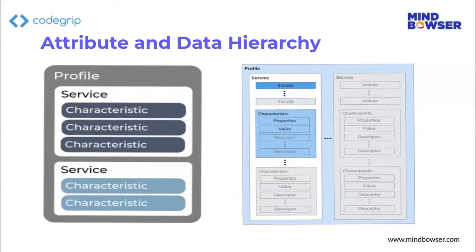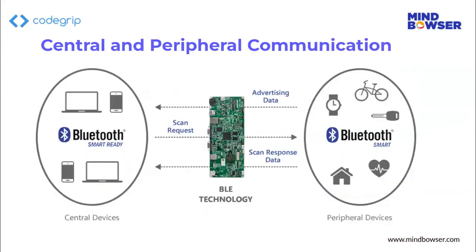And now I'm going to explain central and peripheral communication. This is the example of central devices, and this is the example of peripheral devices. Central devices, as I explained, are scanning when our Bluetooth or connection permission is available. They are continuously scanning for any advertising data from the peripheral devices, and peripheral devices are continuously advertising their data.